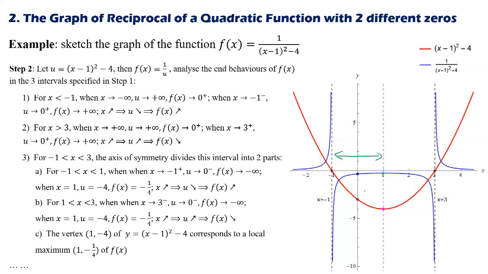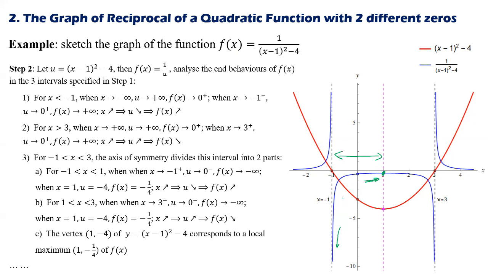When x approaches -1 from the positive side, that means this direction, u approaches 0 from the negative side, right? And f(x) approaches -infinity. When u approaches 1 here, actually x can be 1, right? When x equals 1, apparently u equals -4, and f(x) equals -1/4, which is here, right?